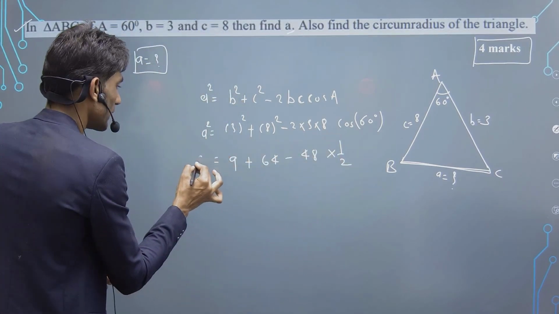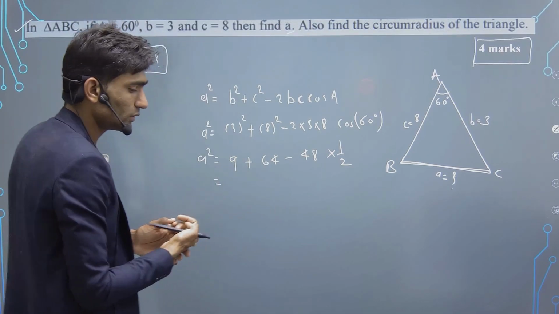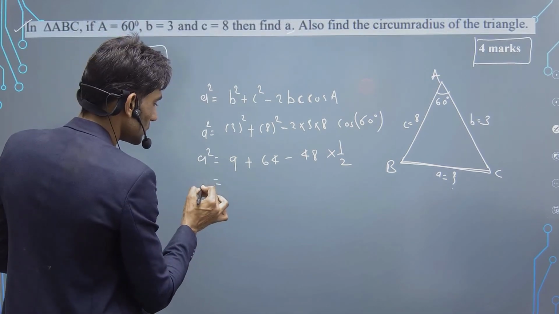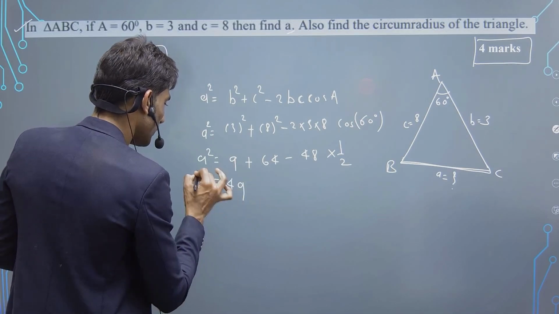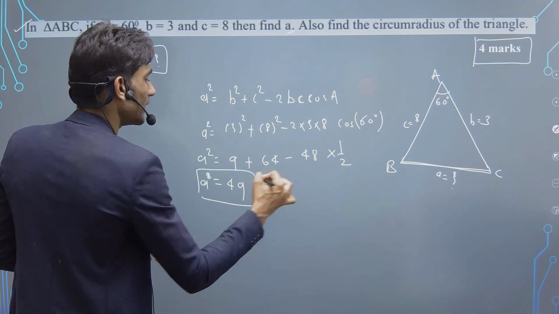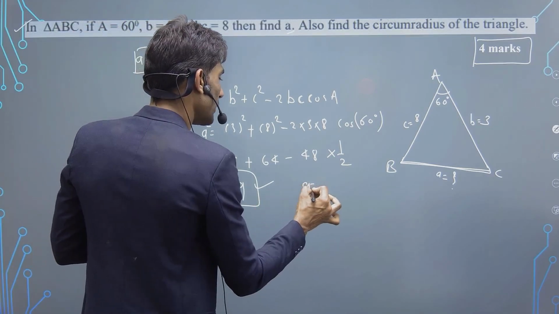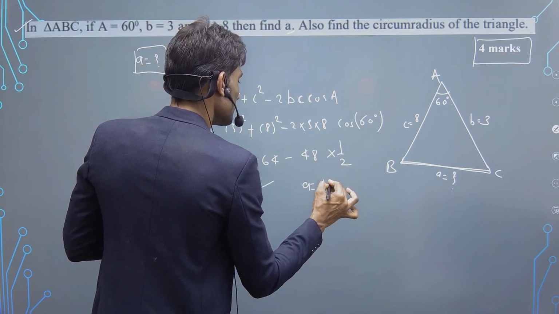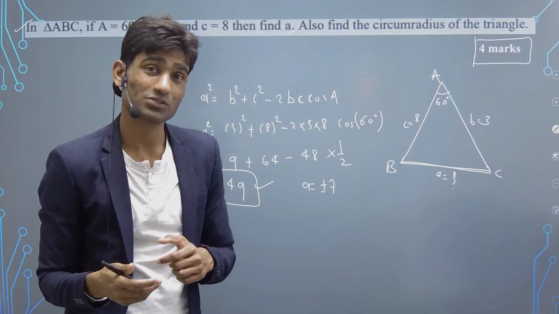So a square is equal to this term, and we go for the further calculations. After calculation, you will get a square as 49. Then we get a equal to plus or minus 7, since 7 square is 49 and minus 7 square is also 49.